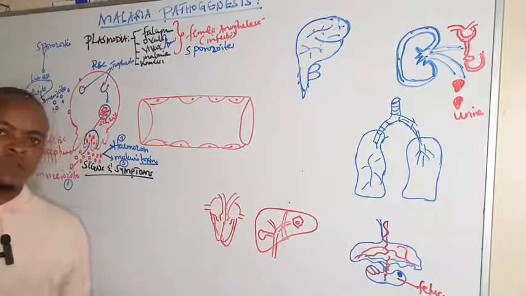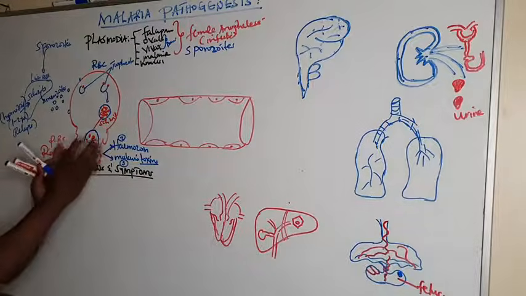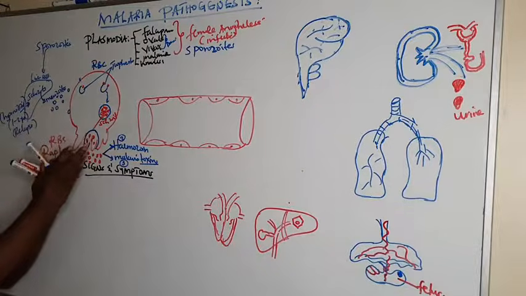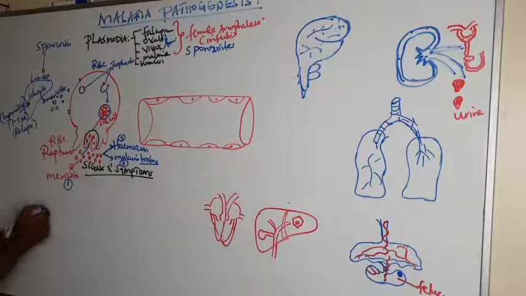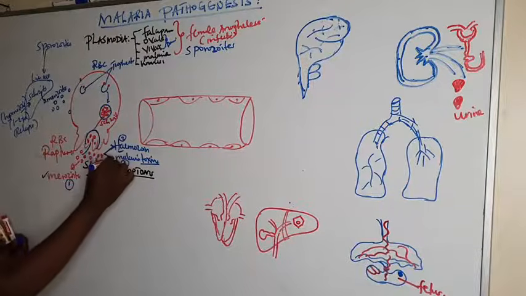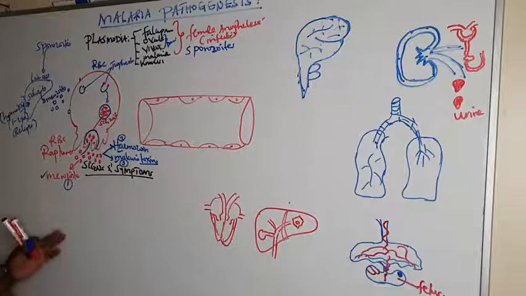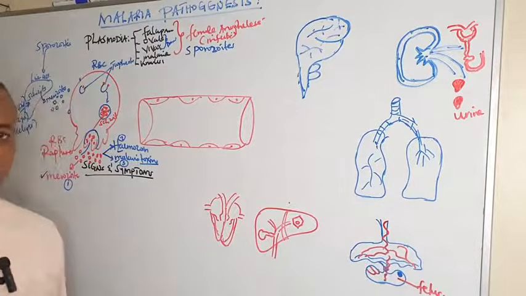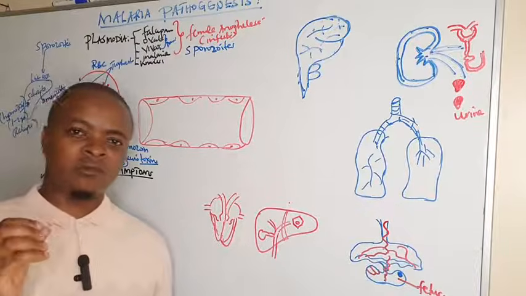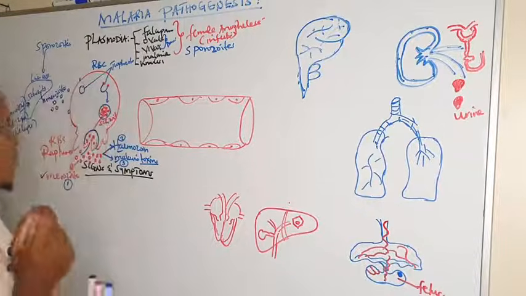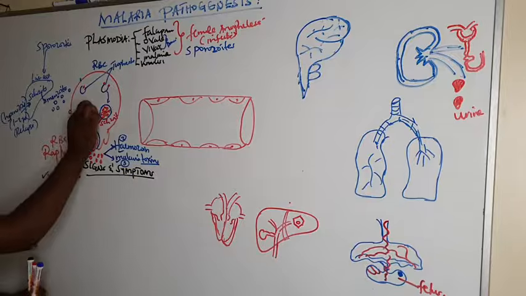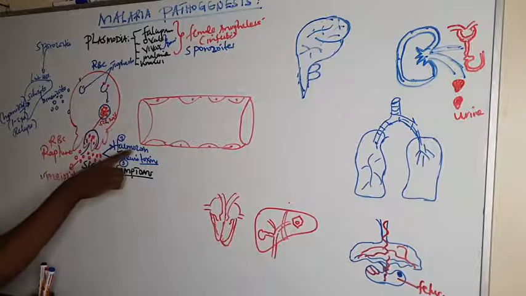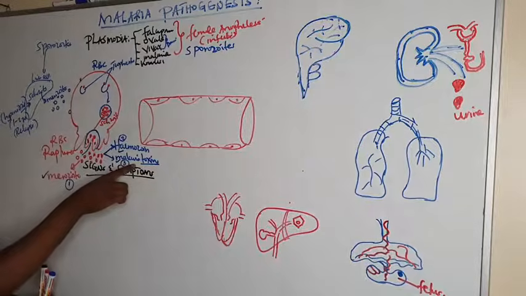And it is at this point, when the erythrocytes rupture, during the release of the merozoites, the hemozoin, and the malaria pigments, that we see the first signs and symptoms of malaria. The signs and symptoms of malaria appear after the rupture of the red blood cell, releasing merozoites, hemozoin, and malaria toxins.